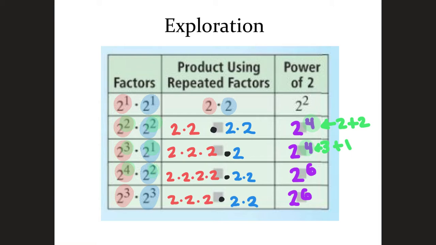So we also have 2 to the fourth times 2 to the second, and that adds to 6, so 4 plus 2 gives you 6. And the last one, I have 3 and 3, which gives you 6 as well. So as we can see here, there are many ways we can get these exponents, but what we had to do is just add the exponents to get our new value.